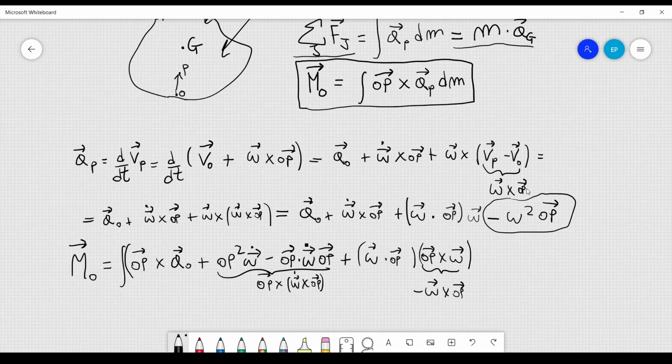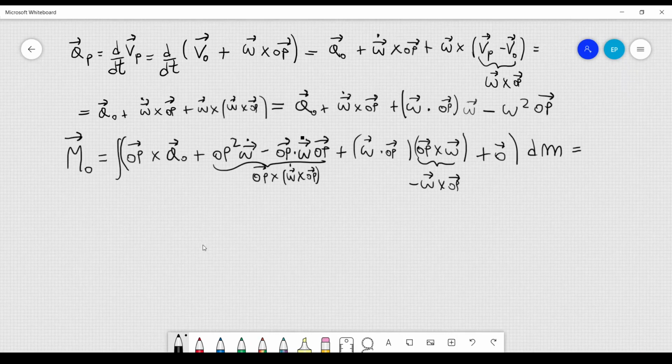But you can see that OP is parallel to this vector here. It's very easy to see because we have a scalar that multiplies OP. So when two vectors are parallel, they will give you 0 in the cross product times dm. And so now I can rewrite it like this.